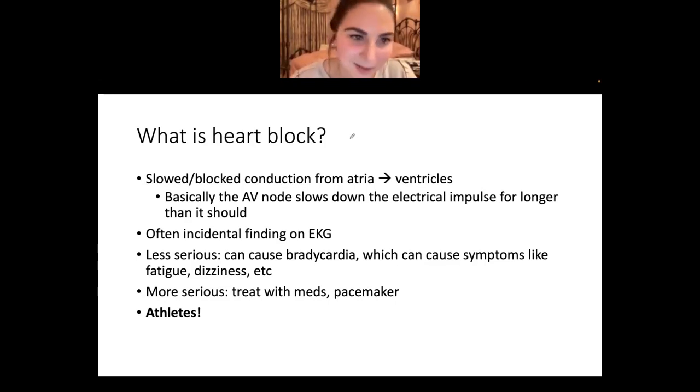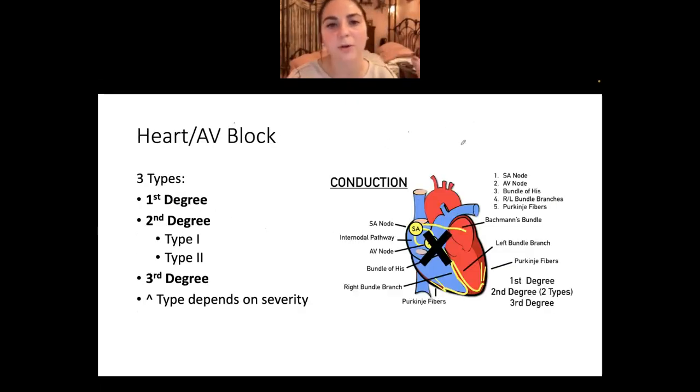So what is heart block? Heart block is basically when you have too slow of conduction going from the atria to the ventricles. And this is a physio fact you should know: one of the big roles of the AV node is to slow down this impulse. The reason why is because it wants to allow the ventricles to fill with blood.